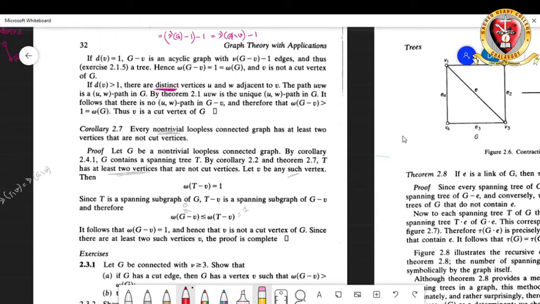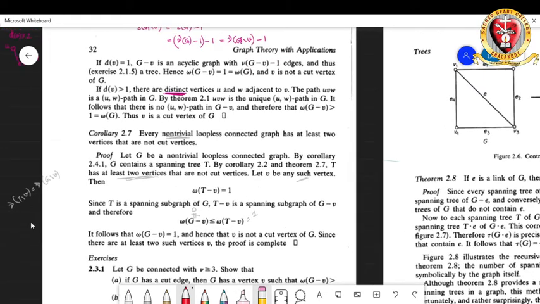So again the vertex set of T minus v will be equal to the vertex set of G minus v. That means T minus v is a spanning subgraph of G minus v.